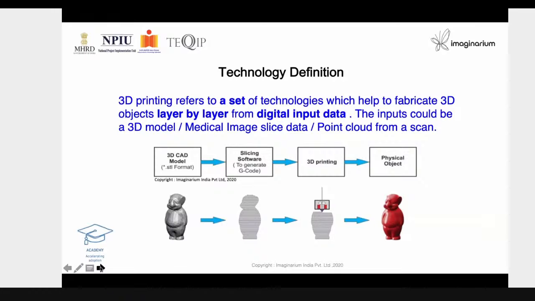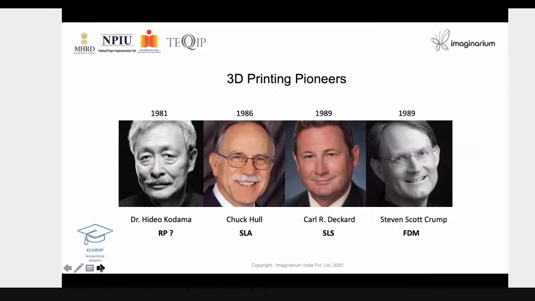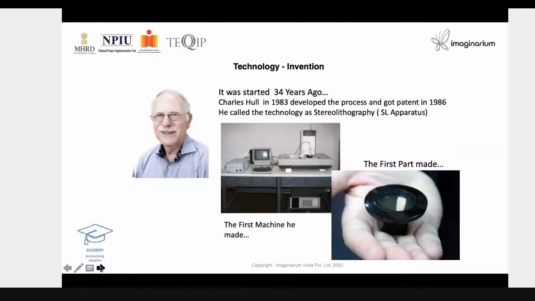And what you can see here is the pioneers of this technology: Dr. Kodama, Chuck Hull, Paul Decoid, Stephen Scott Crump, and in fact, it doesn't stop there. There are many more people, and many more are going to create new technologies also.